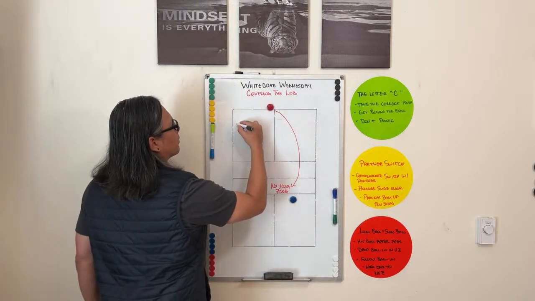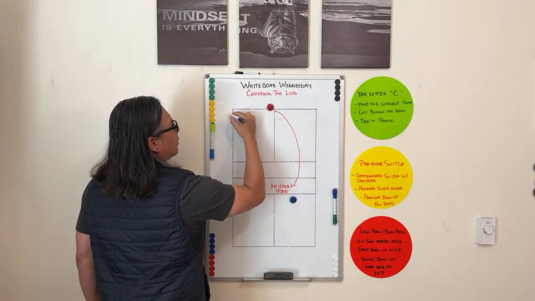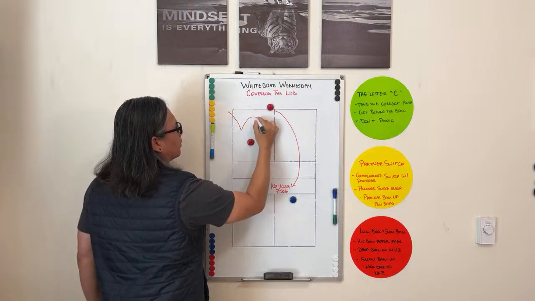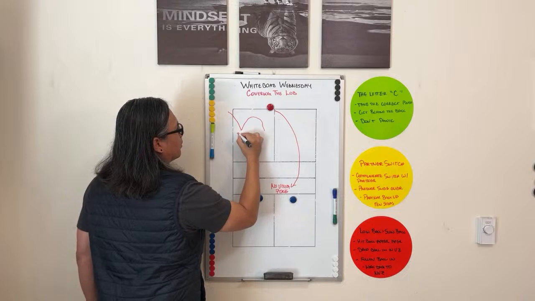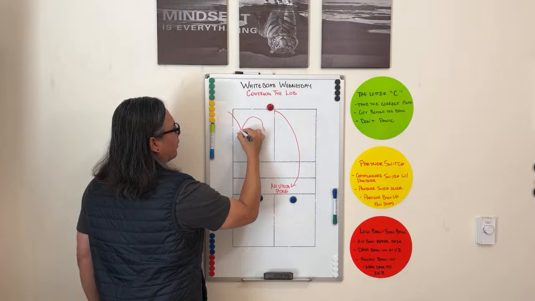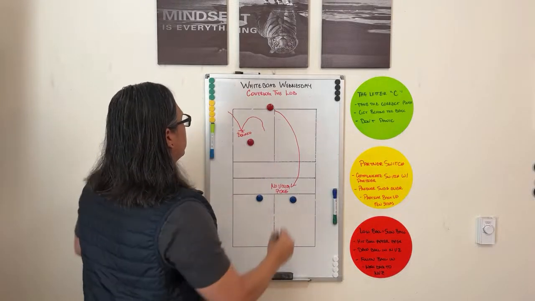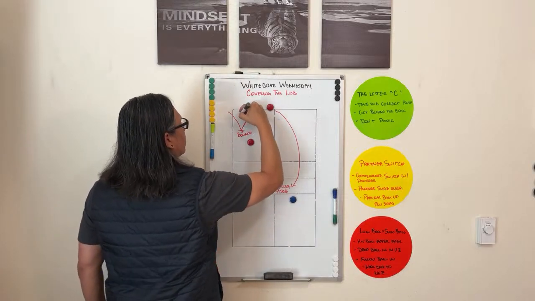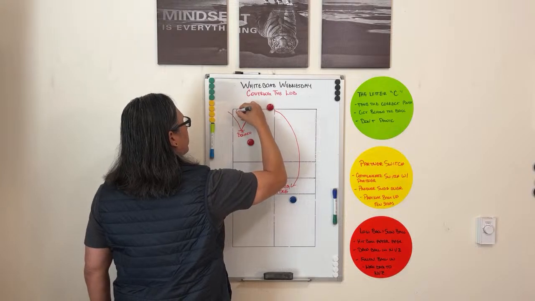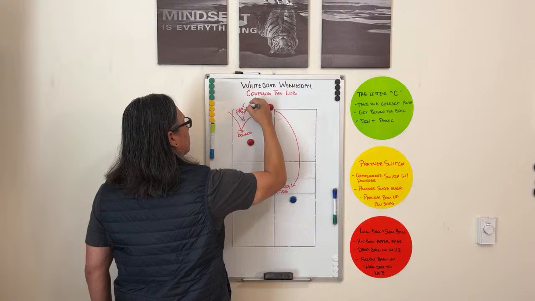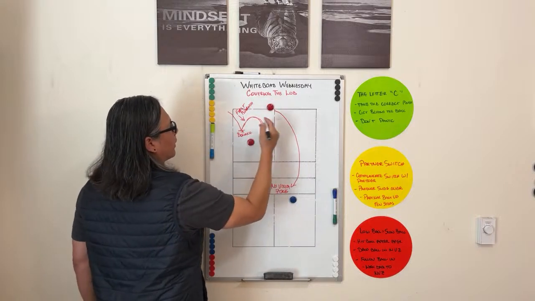So say this is the ball. This is the bounce. This is where the ball bounces off the ground right here, okay? That's where the ball bounces. After that, this becomes the first bounce. All right, that's the first bounce.